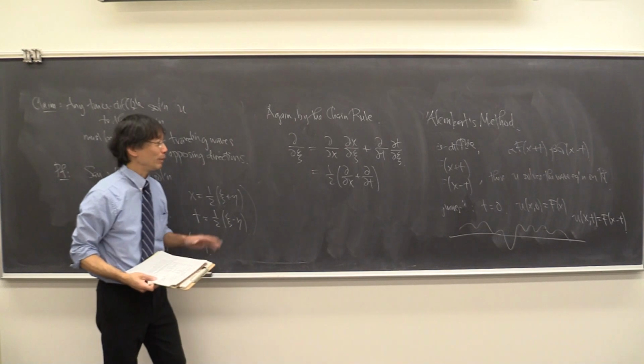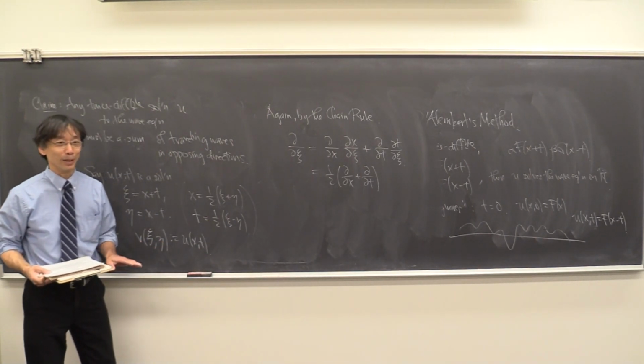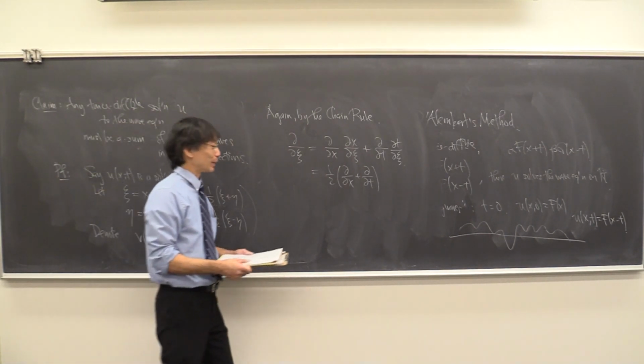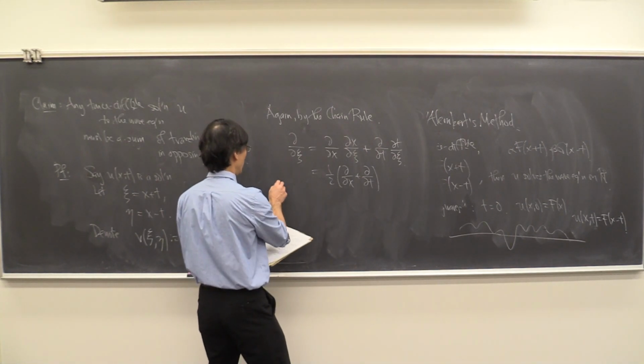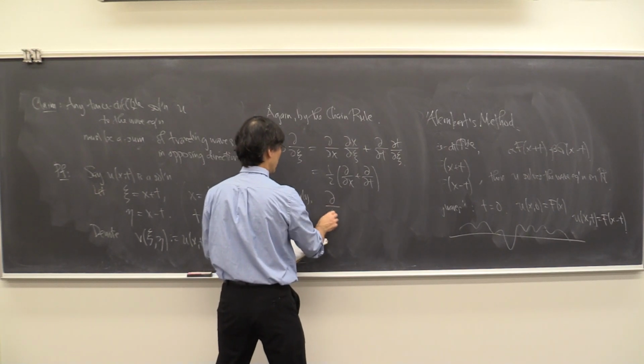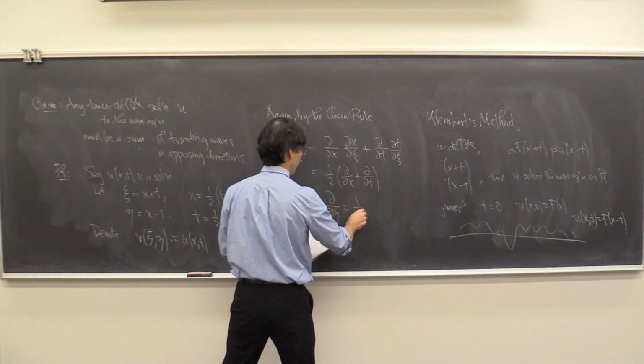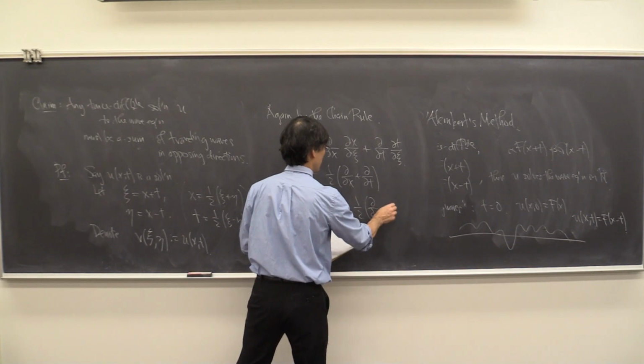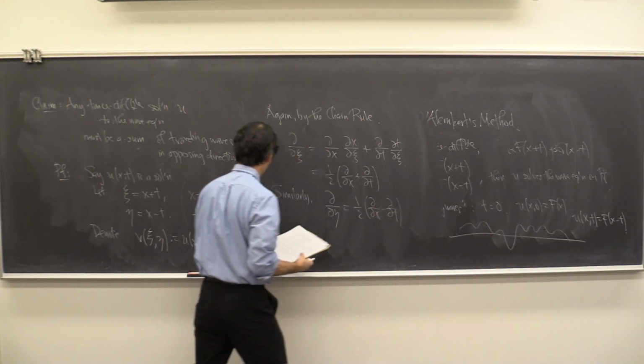So return to Calc 3. Similarly, d/deta is 1/2 (d/dx minus d/dt).